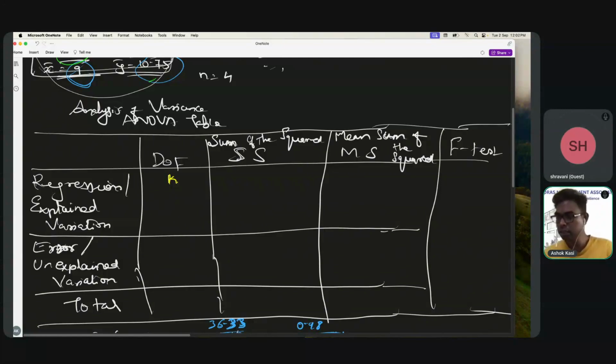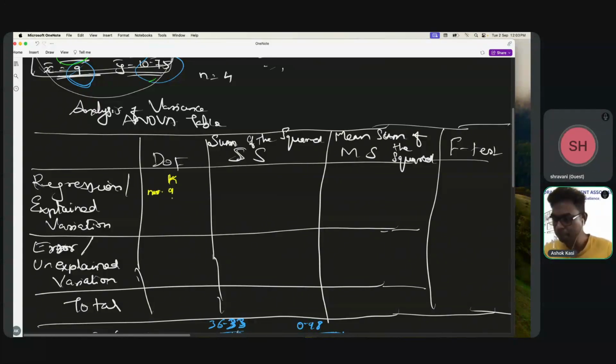In simple linear you will have only one independent variable. That means ICICI is dependent only on Nifty. But in level 2 you will learn multiple linear regression, where ICICI is dependent on Nifty, plus it may be dependent on interest rates and other variables as well. That is multiple linear regression, but here for you there is only one. So K represents number of independent variable, so it will always be 1 for you, level 1.